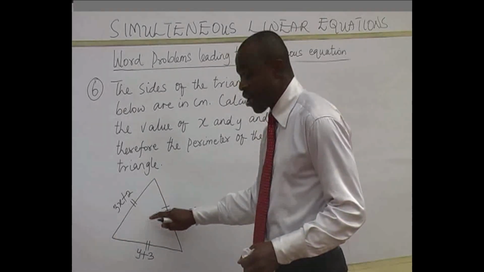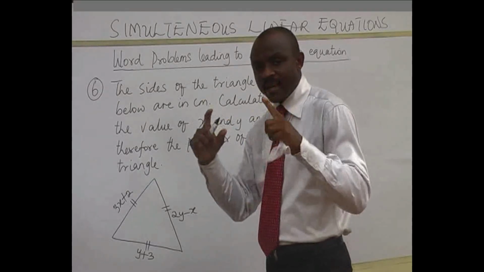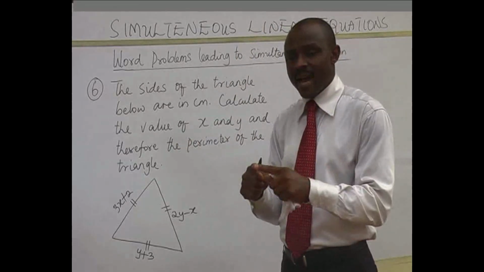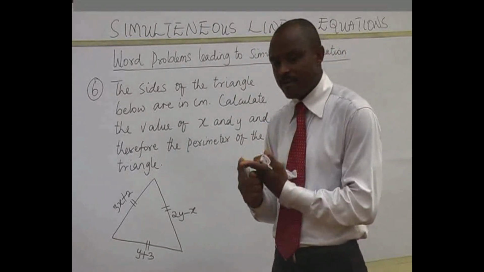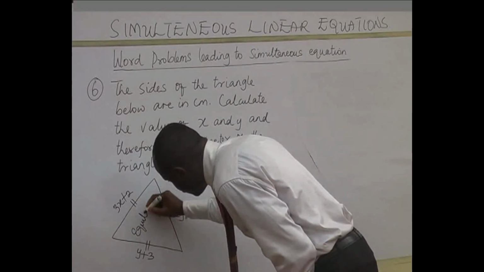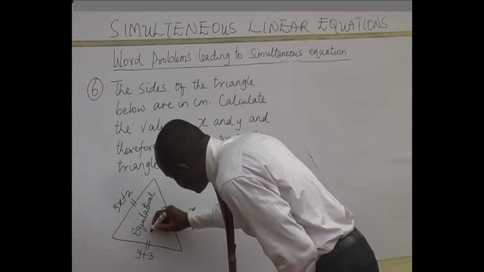And that makes this triangle an equilateral triangle. An equilateral triangle is a triangle that has all its 3 sides equal to themselves. So let me write that this is an equilateral triangle.